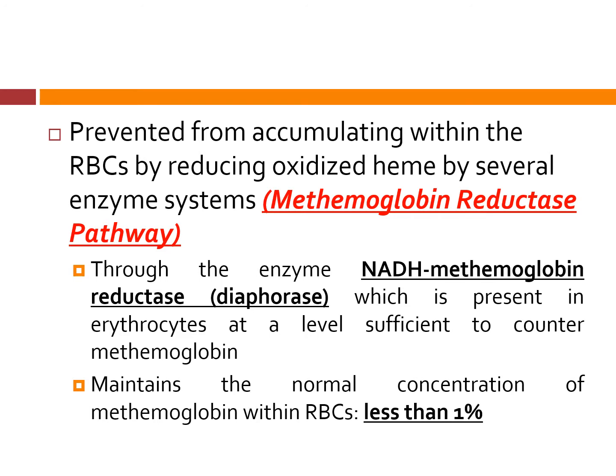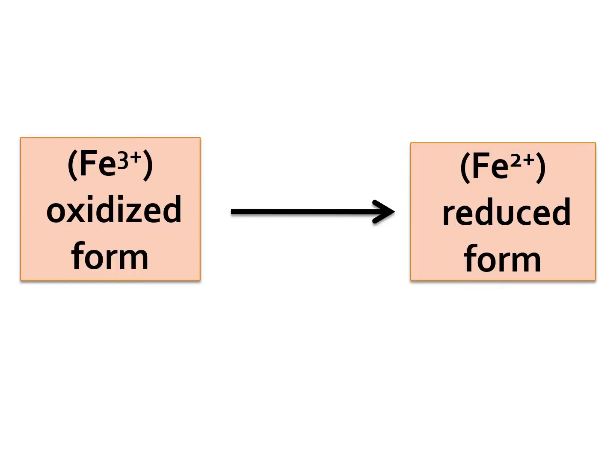Of course, we cannot avoid the oxidants around us. They can be taken in through some drugs and they can be available in the environment. So that's why we cannot avoid being exposed to them. The main role of diaphorase is to maintain the normal concentration of methemoglobin within our RBCs at less than 1%.